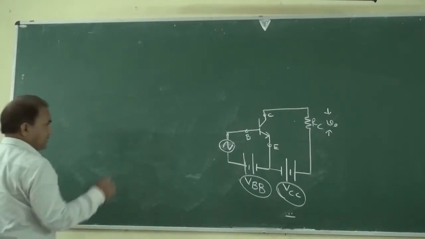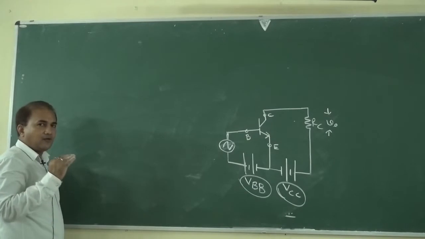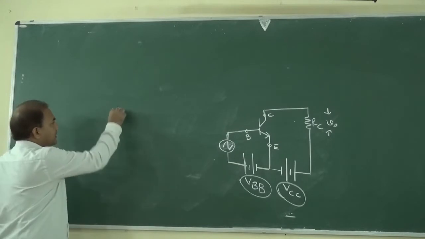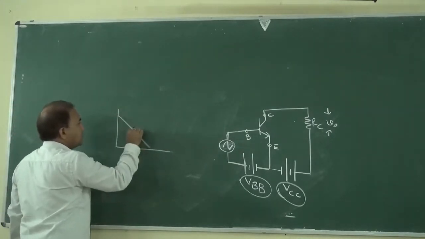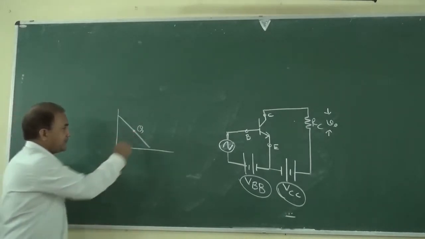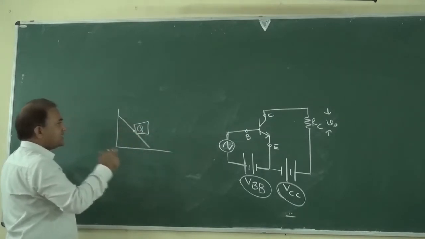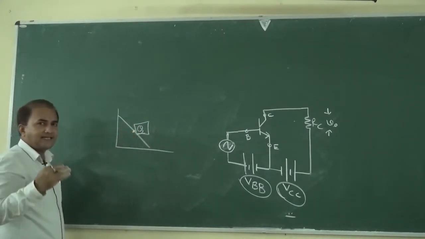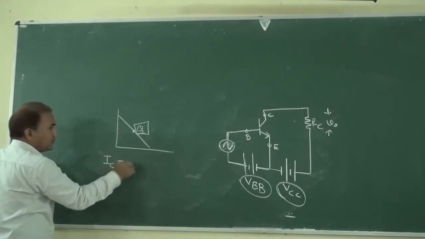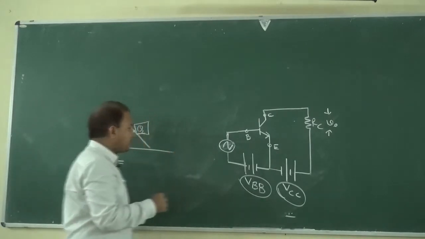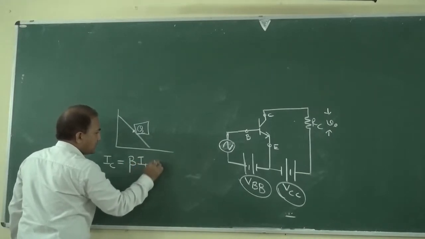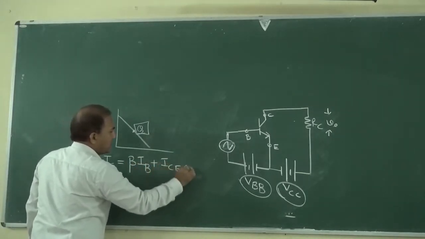Biasing is required in order to fix the operating point in the middle of the active region. Once the Q point is fixed, we have to see that the Q point should not change with the variation in temperature. In case of common emitter configuration, IC is equal to beta times IB plus ICEO.